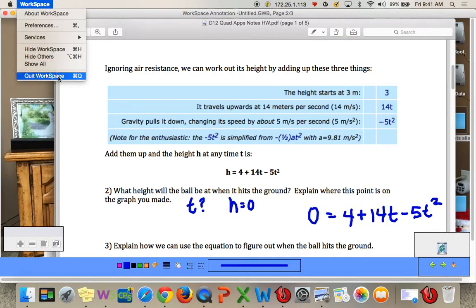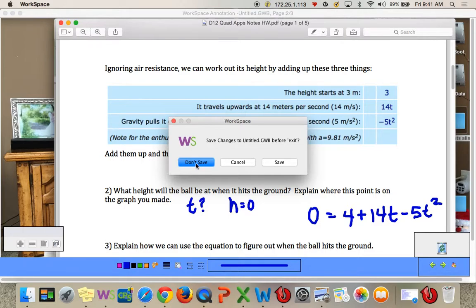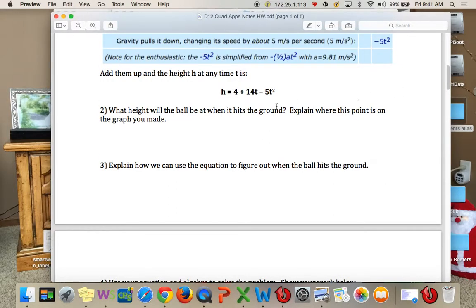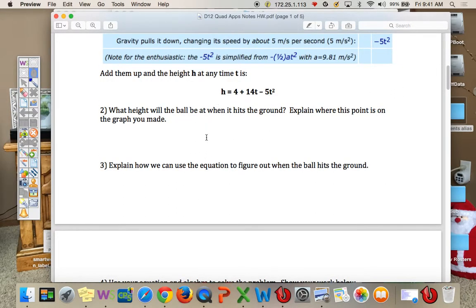And again, my workspace quit on me, so let's try it again. Okay. So we can use this equation when 0 is the height, and we can use the quadratic formula to solve. So actually, let's go to this page right here.